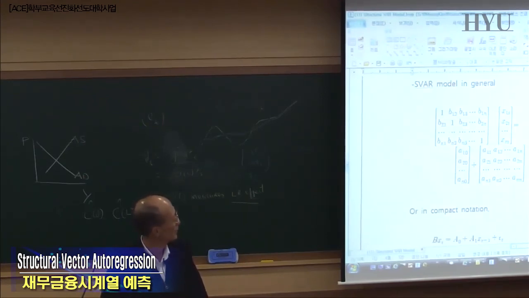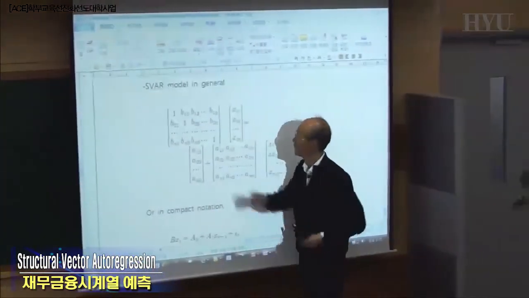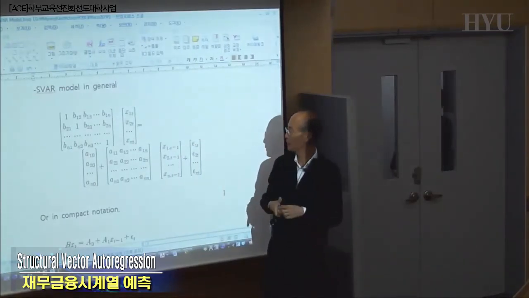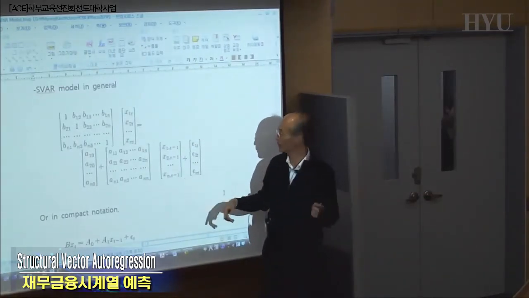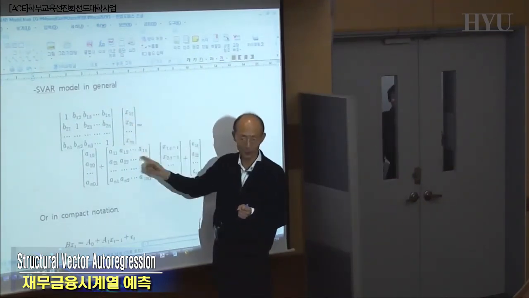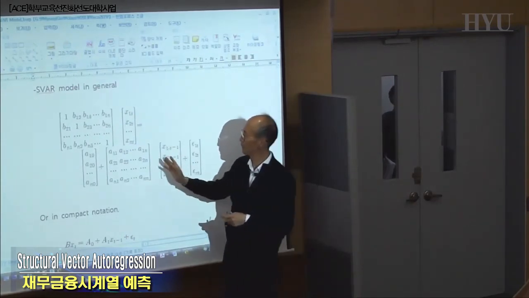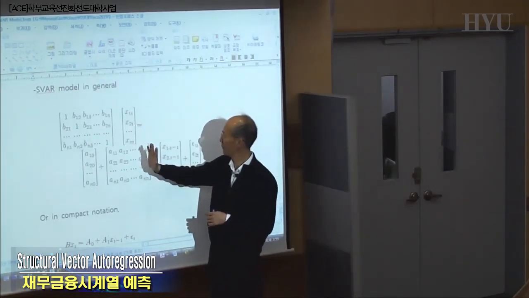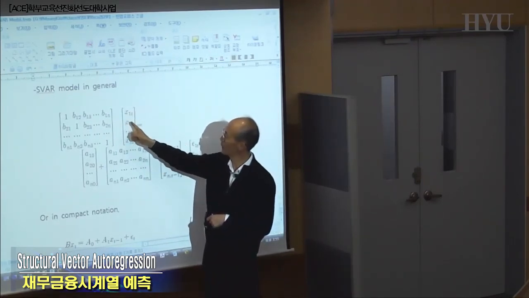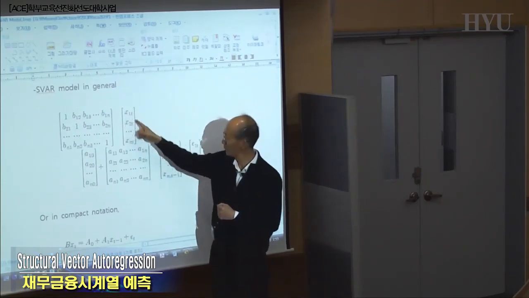Lastly, well, this is a situation. A structural model in general has a shape like this one. Suppose you are building a macro model, a big macro model, where you have many macro variables of interest. Okay. Then a typical situation is that variables 1 and 2 may be contemporaneously correlated at time t.